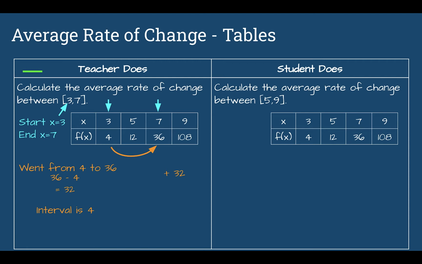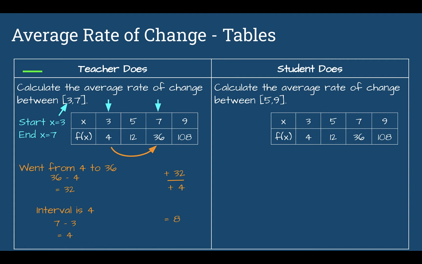Here the interval was 4 units. So to get that, I subtracted 7 minus 3 is 4. So I'm going to divide 32 by 4 and find that the average rate of change for this table between 3 and 7 is 8. So it went up 32 over 4 x units, giving us our rate of change of 8.